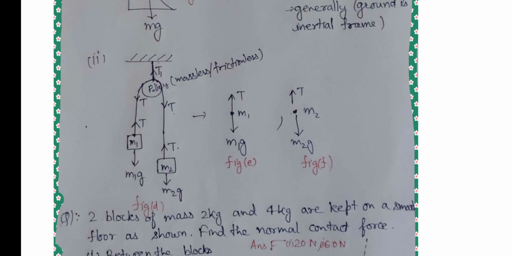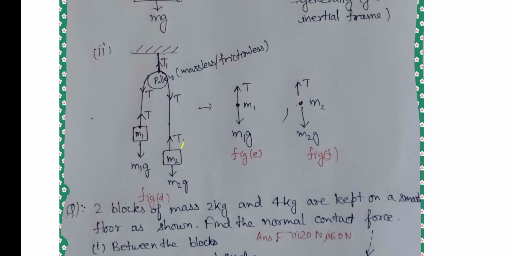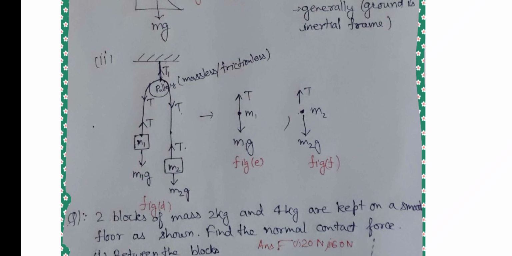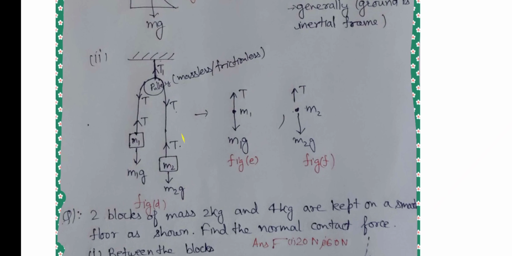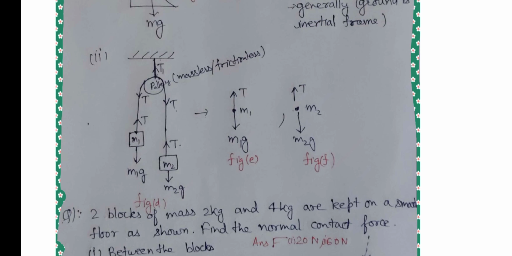Now for the pulley, we will make an assumption. If we take the pulley as a massless object, there will be tension away from the pulley: T on the right side and T on the left side. Since it is fixed to the reference, one more tension will be applied, T1, away from the pulley. It is a different string, so the tension will be different.